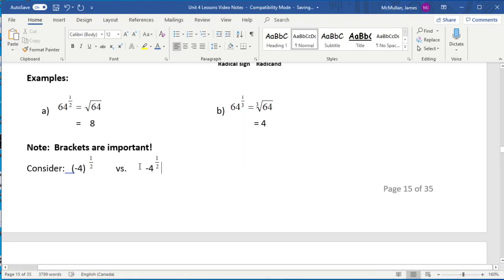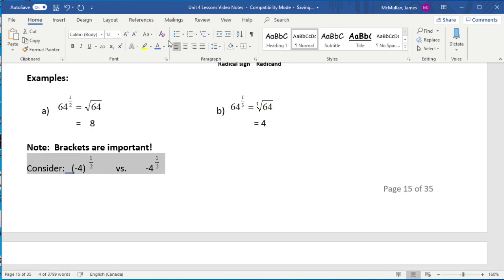Now, this question I'm going to leave to you. I've posted it on the website. I want to know what's the difference between these two things. How come the bracket around the -4 is important? Okay, so I'd like someone to explain that. If you're at that point now, you can pause and go look and see if anyone's answered it, or you can try to answer it yourself. Why are these two things different?